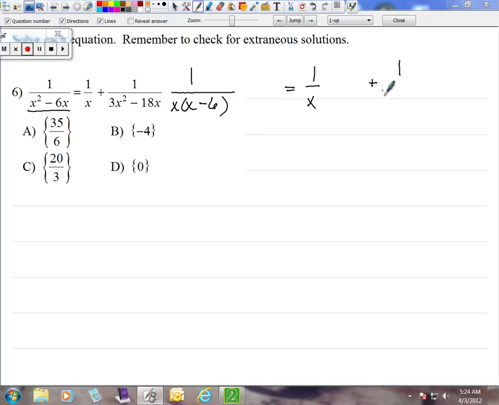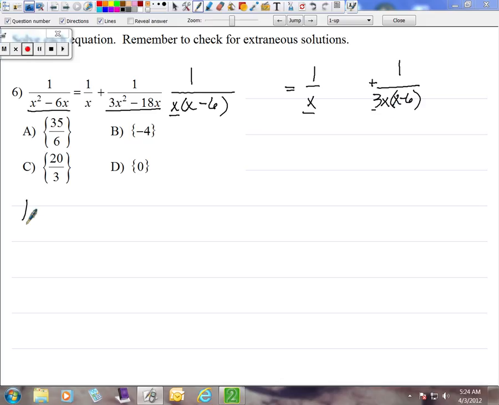1 over, and here we can take out a 3 and an x. So we'll take out 3x and have x minus 6. Now, you'll see again, look at all your denominators in factored form. We have an x, and we have a 3.